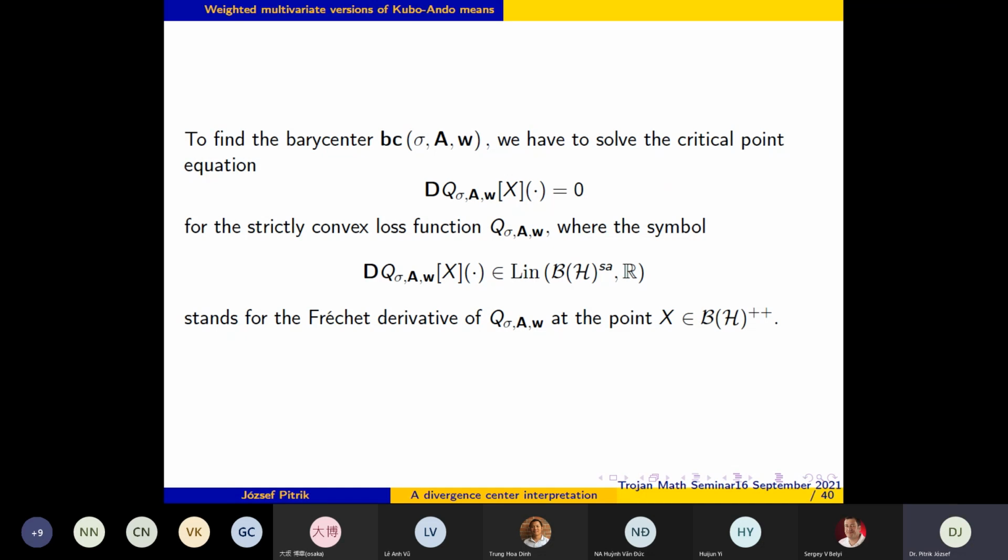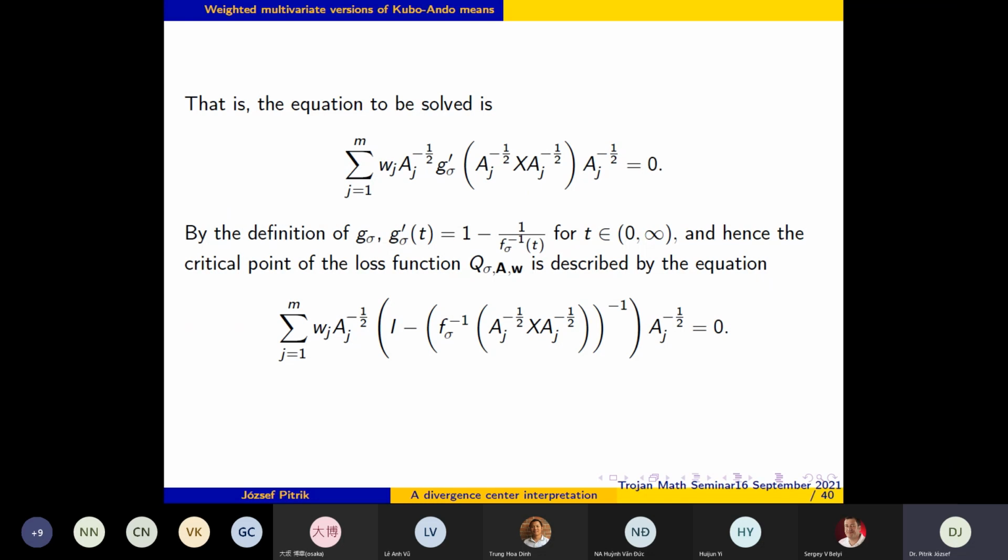Now, how can we find the barycenter? We have to solve the critical point equation. Here, D stands for the Fréchet derivative at the point X. It's absolutely similar to the Karcher equation.